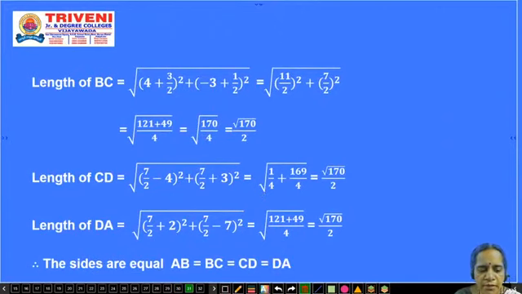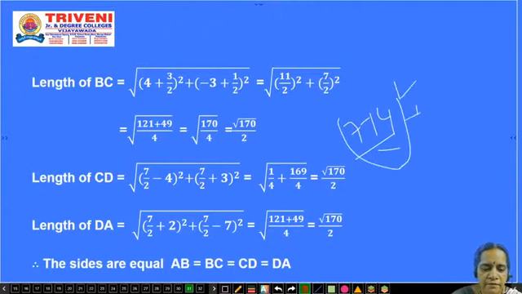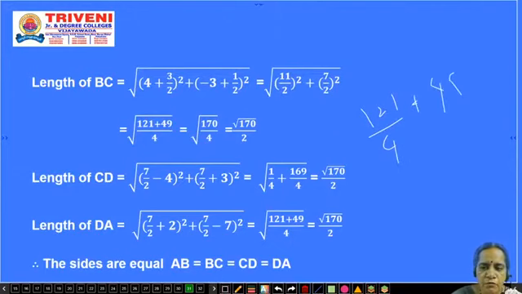Square root of x2 minus x1 whole square plus y2 minus y1 whole square, that is equal to 7 plus 4 by 2 whole square plus 7 minus 14 by 2 whole square, that is equal to 121 by 4 plus 49 by 4. Here the denominators are the same. 121 plus 49 by 4, that is equal to square root of 170 by 2.